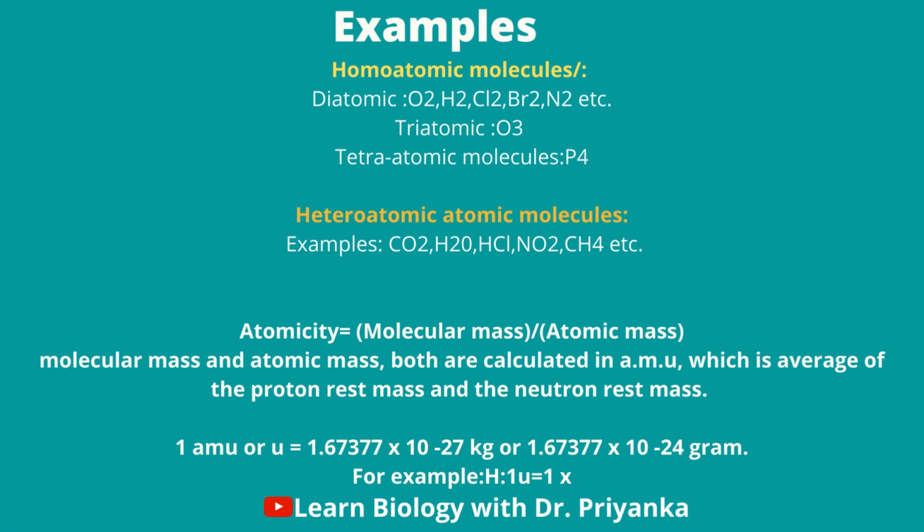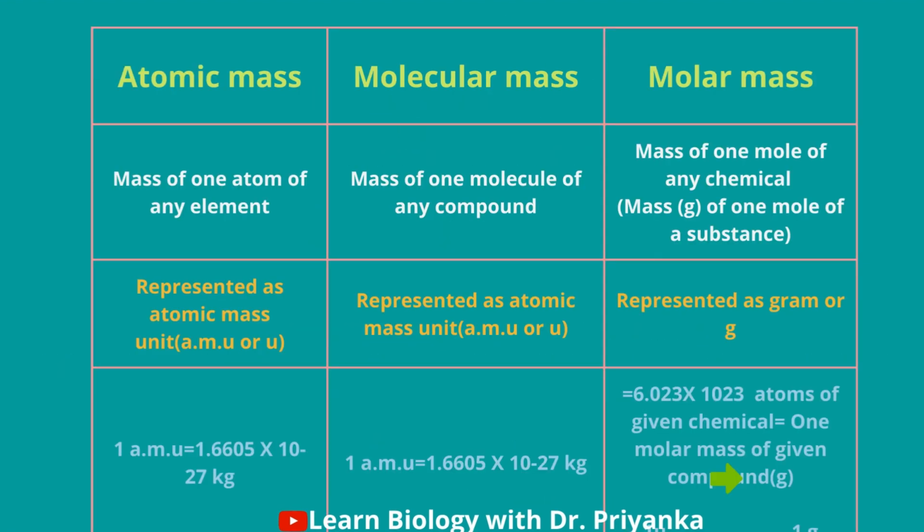Now we come to the differences between atomic mass, molecular mass and molar mass. What is atomic mass? Atomic mass is the mass of one atom of any element. Molecular mass is the mass of one molecule of any compound, and molar mass is the mass of 1 mole of any chemical.